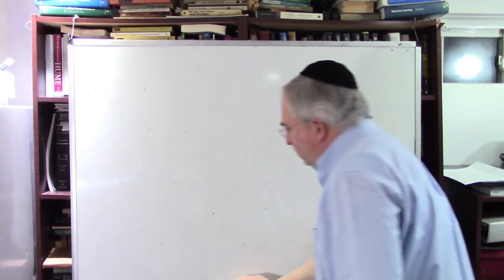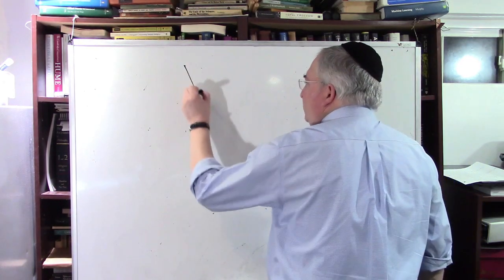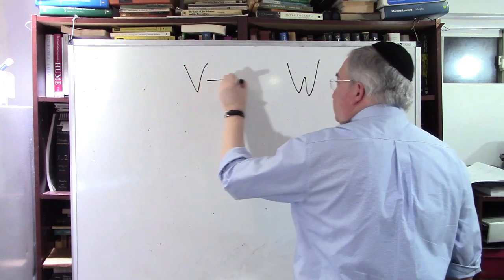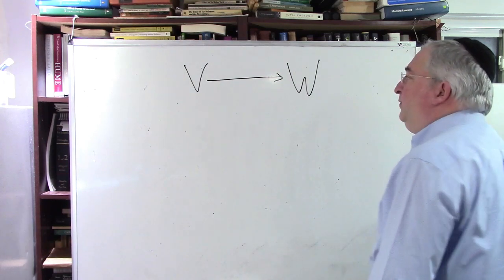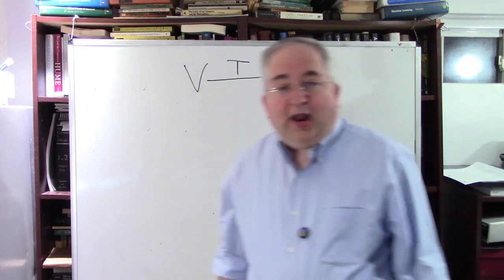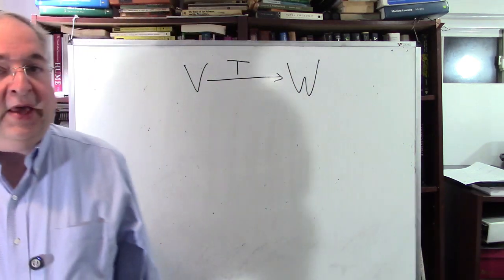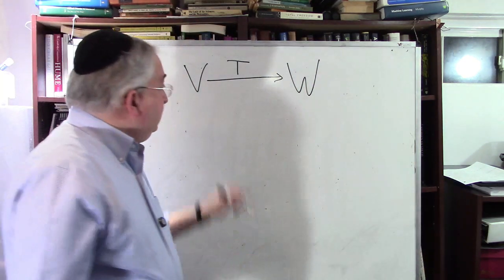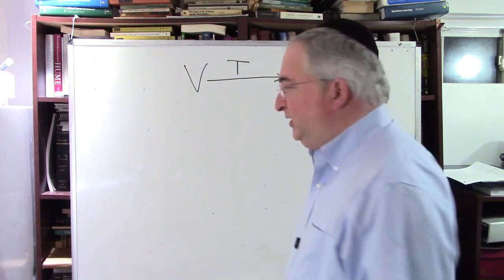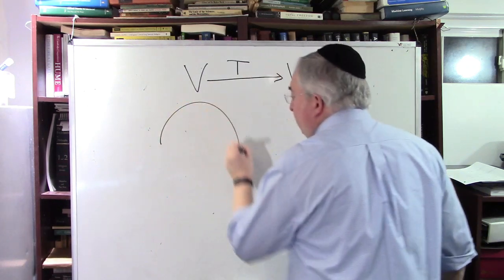Let's take a complex vector space V and a complex vector space W, and let's talk about a linear transformation. For every linear transformation from V to W, there are going to be two important subsets, and I'd like to draw a picture of them.